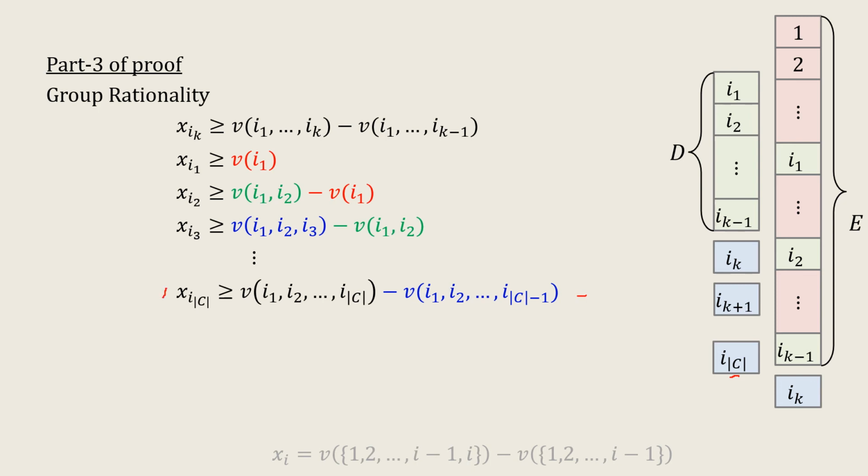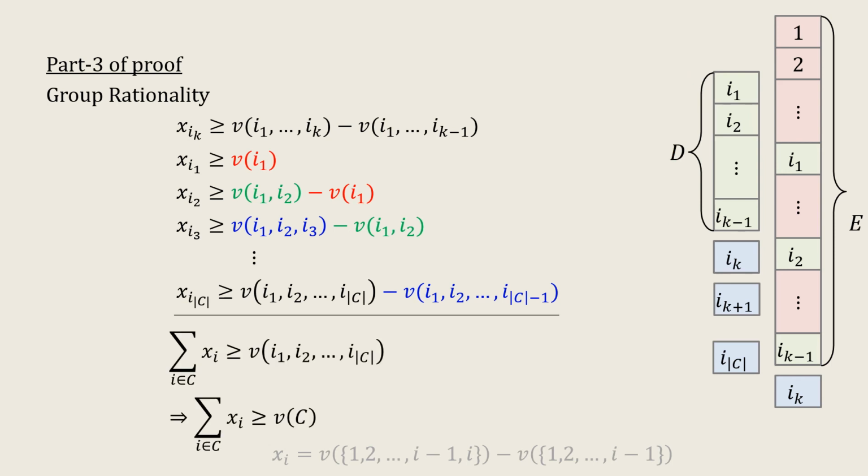And at the very end, for the last agent, I sub c, I have this expression here. xi sub c is greater than or equal to v of I1, I2 all the way until IC minus v of I1, I2 until IC minus 1. Now, I1, I2 until IC is basically the entire coalition C. So this is what I have. Now, let's add up everything on the left-hand side. xi1, xi2, from this point, xi1 until xic. So this is equal to summation over I belonging to C of xi.